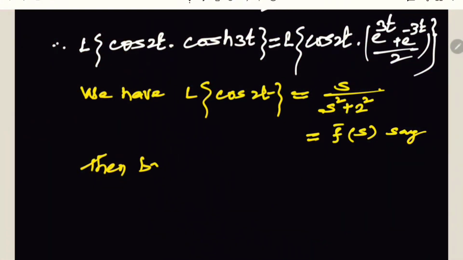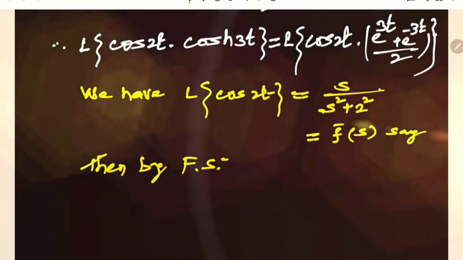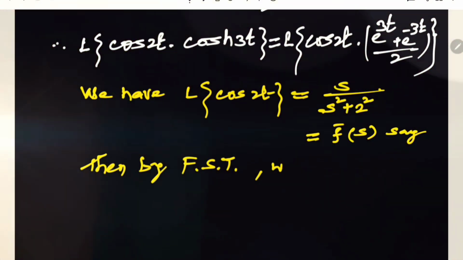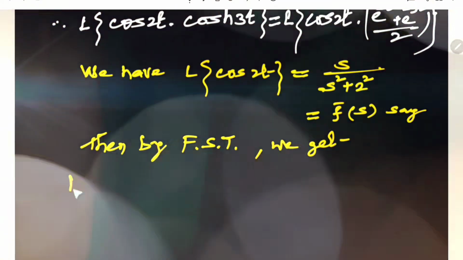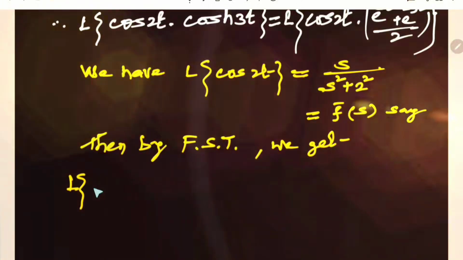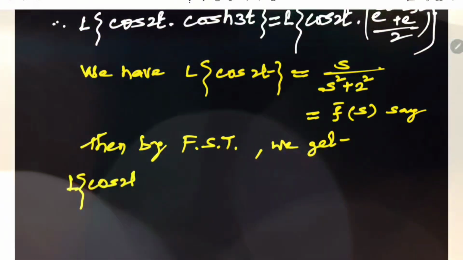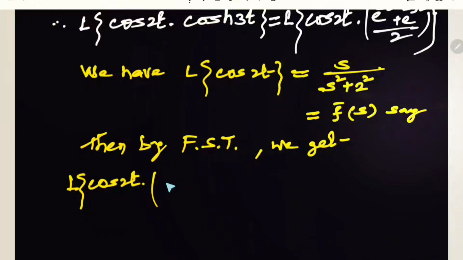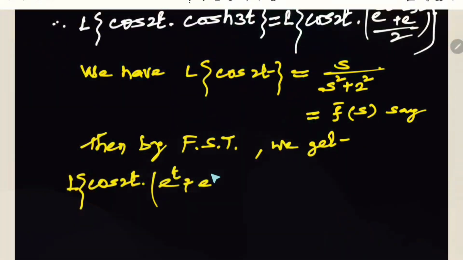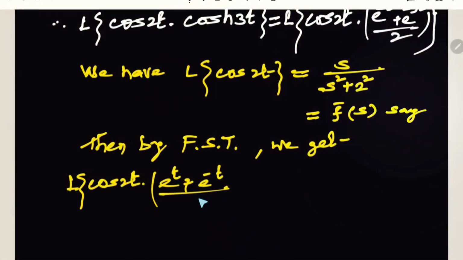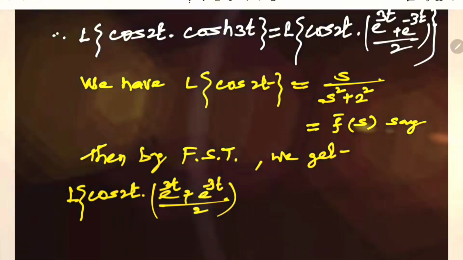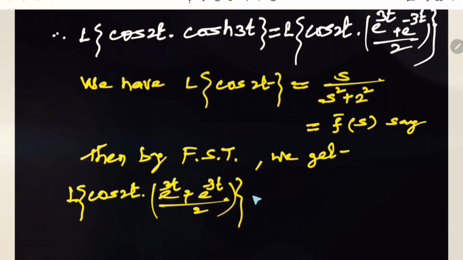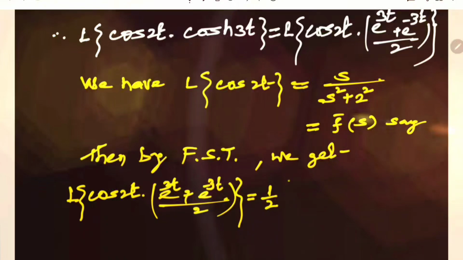Then by first shifting theorem, we get Laplace of cos 2t into cos h 3t. Cos h 3t means e raised to t plus e raised to minus t upon 2, as e raised to 3t plus e raised to minus 3t, 1 by 2 outside.